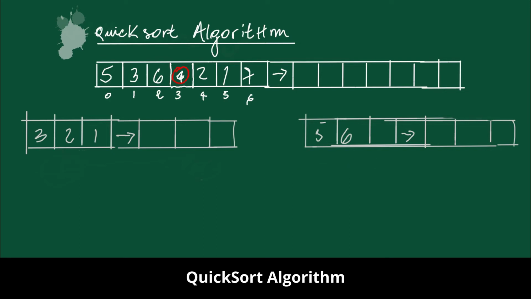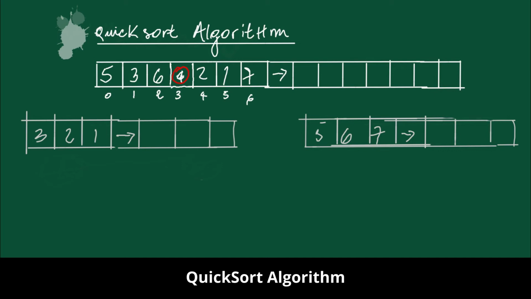Now the same thing that we did for the big array, we are going to repeat the same process for our subarrays recursively. To do so, let's first mark our index.